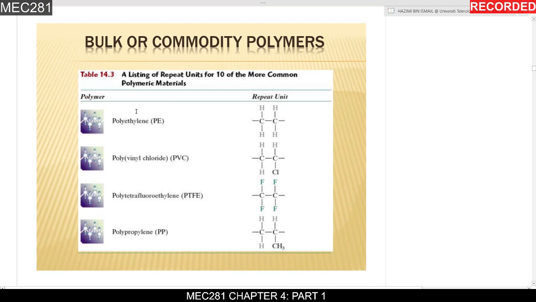So all these polymers are common materials that we find in our daily life, in our daily products. So polyethylene, PVC, PTFE, and PP. So you now know the products that we use daily are based on polymers. The difference between them is based on the elements at the R symbol here, right?